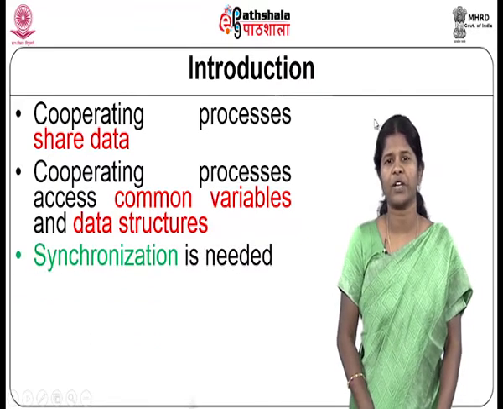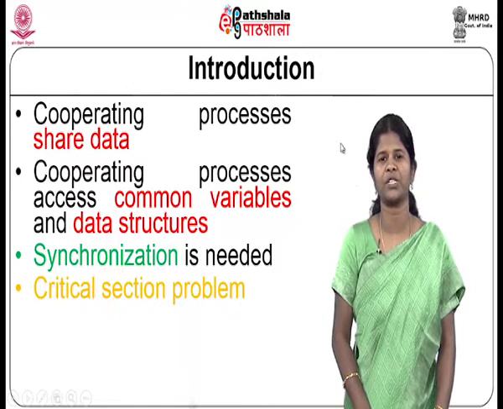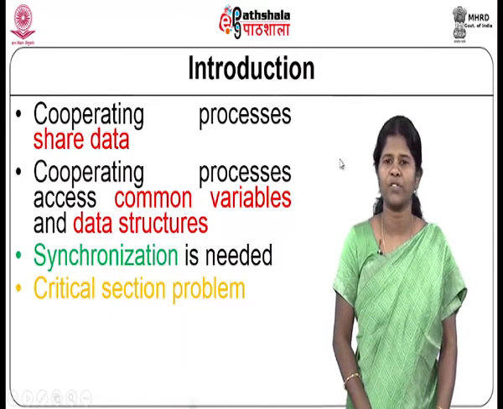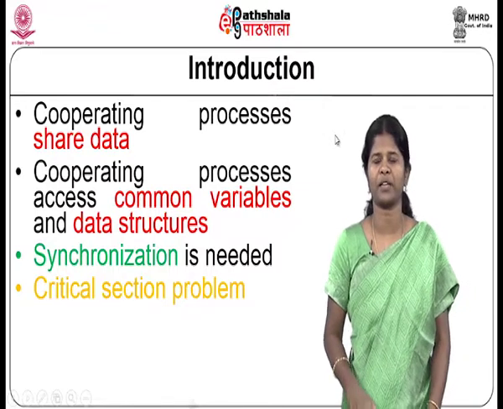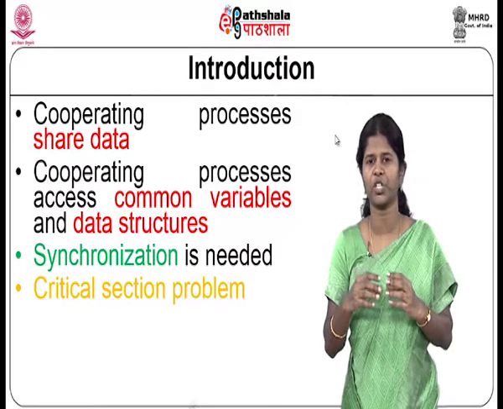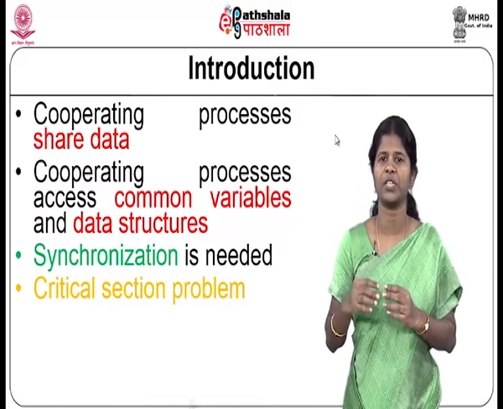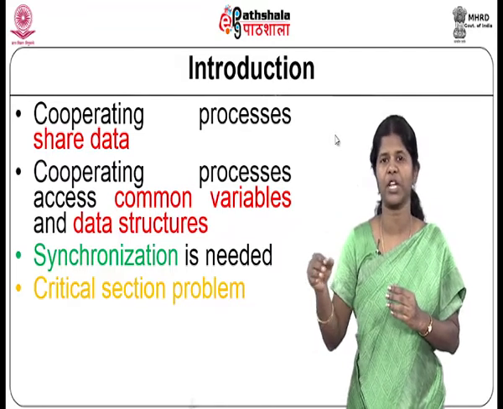Process synchronization can be achieved through many solutions, and there are a lot of solutions to the critical section problem. The critical section problem is that each process has a critical section of code which it executes when it tries to access the shared data.